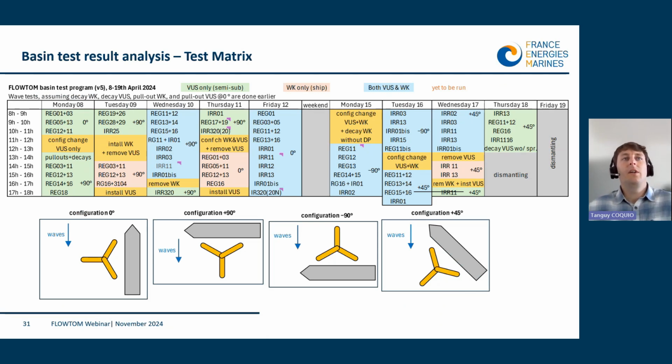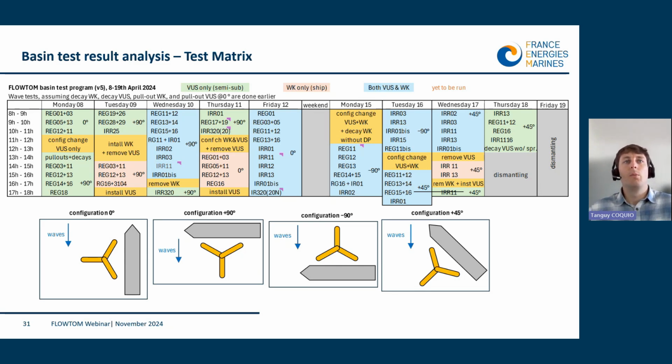You can see here a representation of the schedule of the 2 weeks basin test campaign. As you can see, we have looked at different types of experimentation. We applied on the floaters regular waves and irregular waves produced from a JONSWAP spectrum. We also produced some decay tests, and you can see in yellow there are a lot of phases to change configuration.